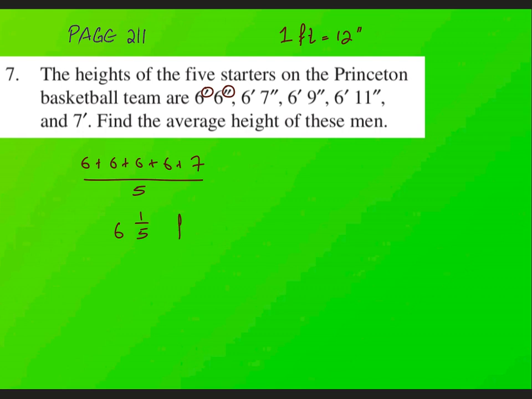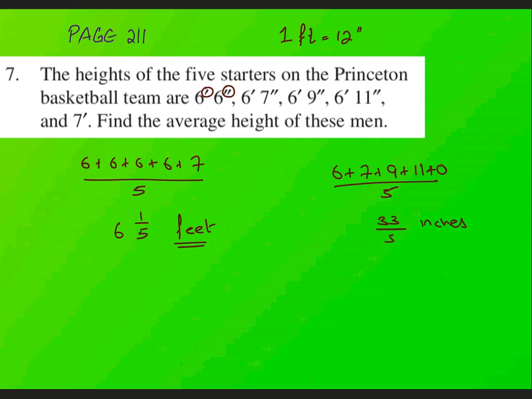Now this is basically 6 whole 1 by 5 feet on average. Then we have inches. That's 6 plus 7 plus 9 plus 11 plus 0 upon 5. So this is basically 13 plus 9, 22, 33 by 5 inches.